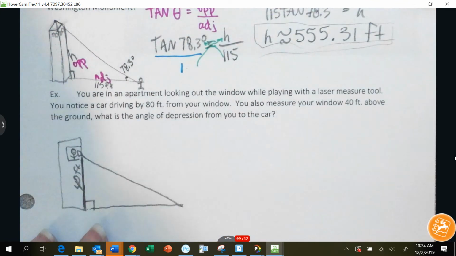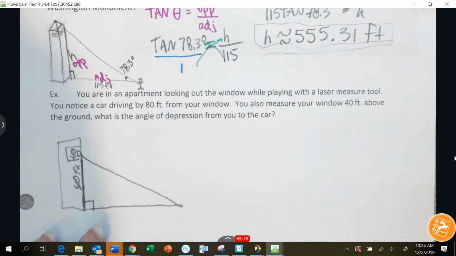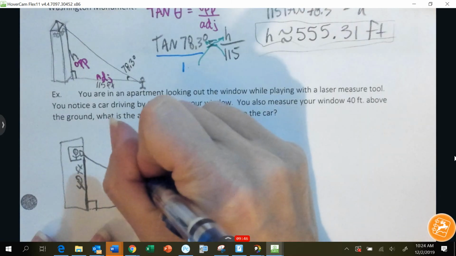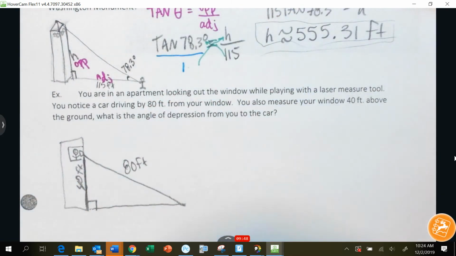So if the car is 80 feet from the window, where do I put the 80? Peter? And we need to know the angle of depression from you to the car.